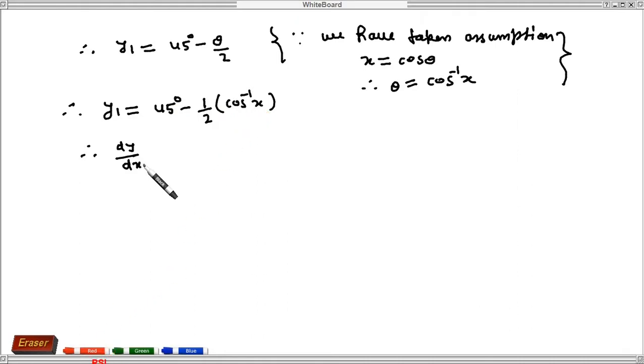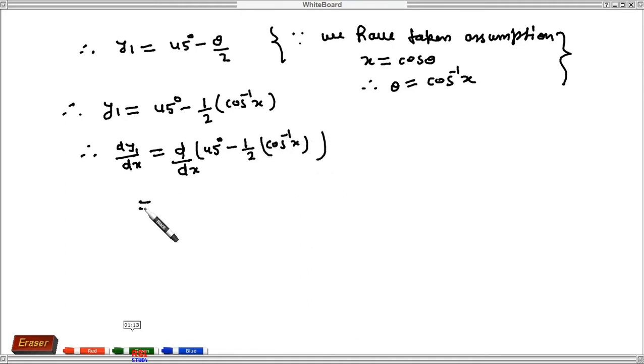Hence now differentiating with respect to x, d/dx of y1 will be equal to, differentiating the right side, 45 will be 0 and that will be minus 1 by 2 times d/dx of cos inverse x.